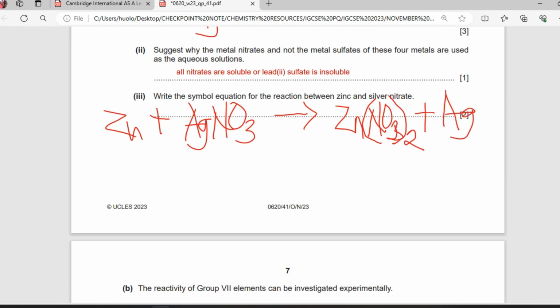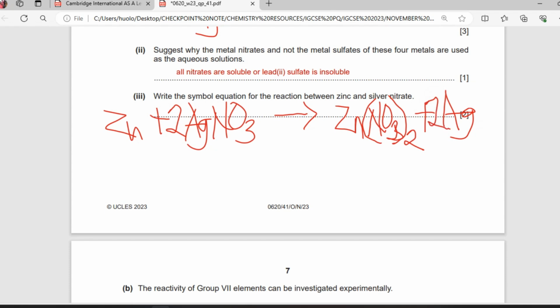Okay, so you have silver. Now to balance the nitrate ion, because the nitrate ion on the product side is already 2, all we need to do is put a 2 here, a coefficient. Then silver is imbalanced, so we have to put a 2 here to balance silver.